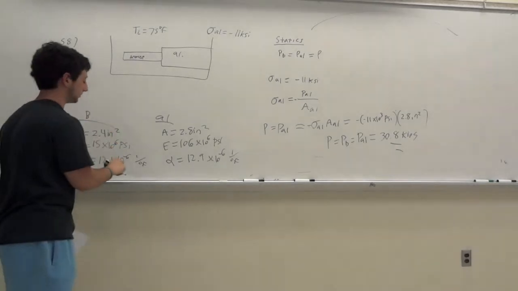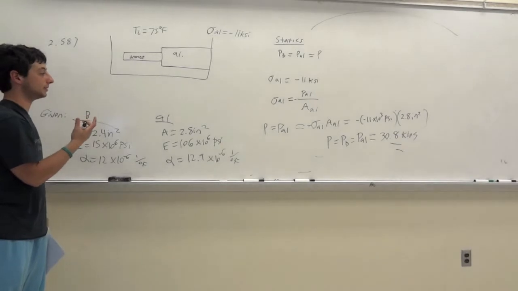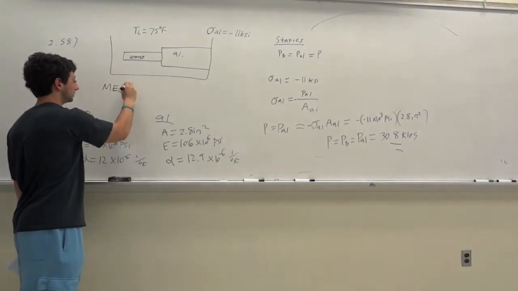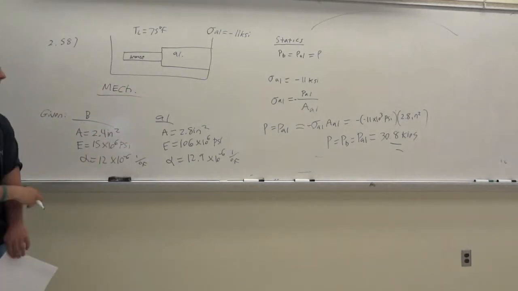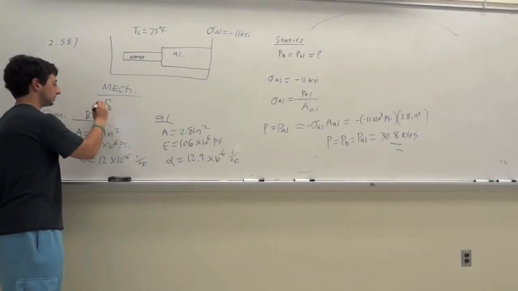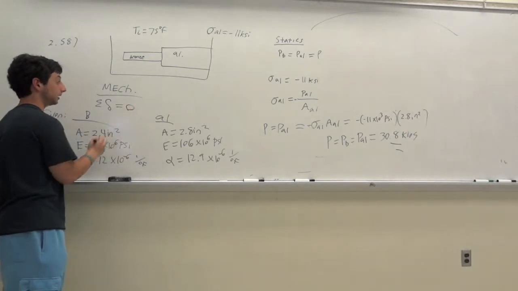Actually, before I erase it, I want to ask you guys something. So what would be the mechanics equation that you get from this? It's going to be with deformations, but you have to know how it adds up. So basically you have the sum of all deltas is equal to 0, right?